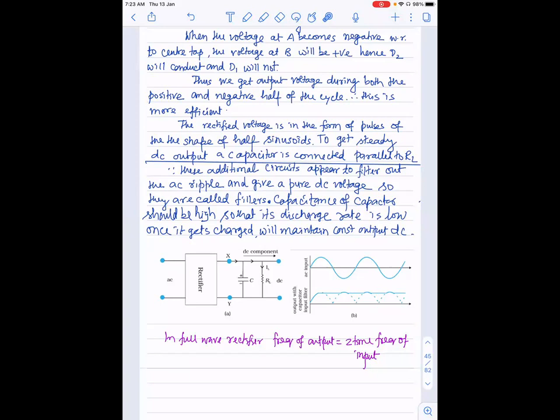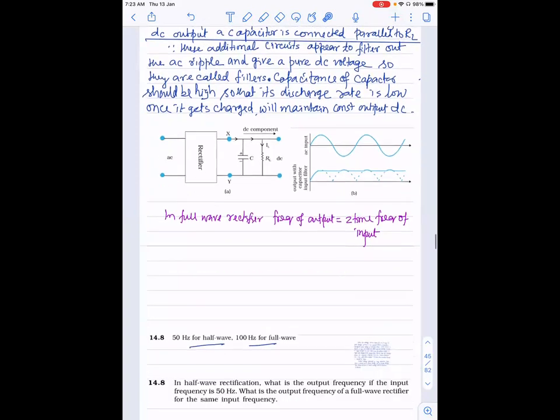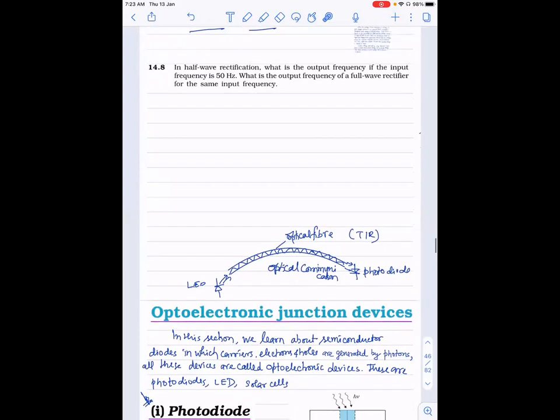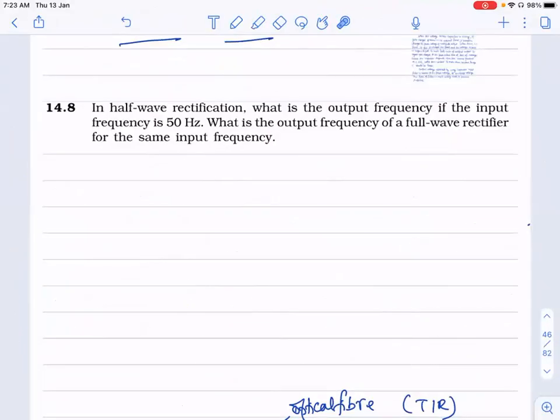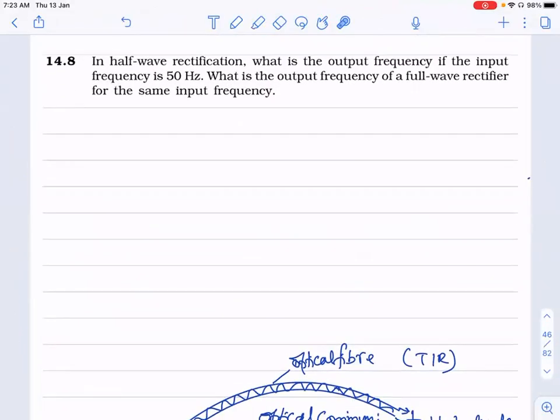Okay, देखो, ये क्वेश्चन देख लेते हैं पहले। In half wave rectification, what is the output frequency if input frequency is 50 hertz? क्या आंसर होगा फर्स्ट पार्ट का?